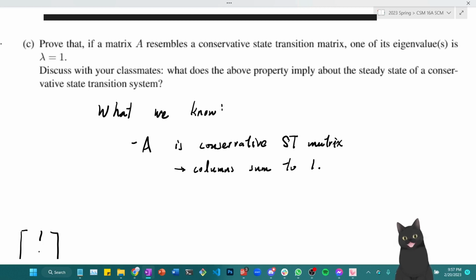Also, we know that we're trying to prove its eigenvalue is lambda equals 1. And let's also consider what we have proven in the previous part as what we know. So one of the pieces of knowledge that we have proven is that A has the same eigenvalues as A transpose.